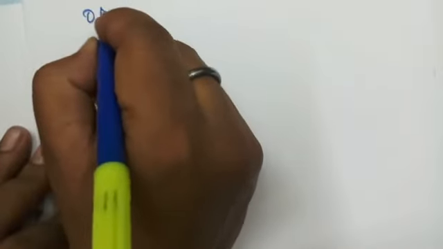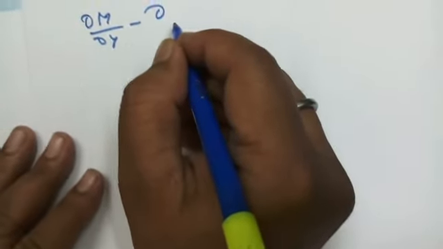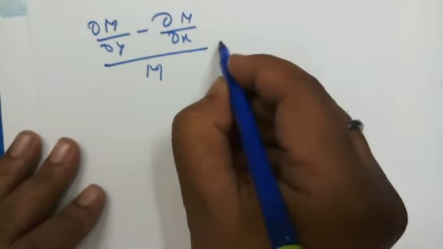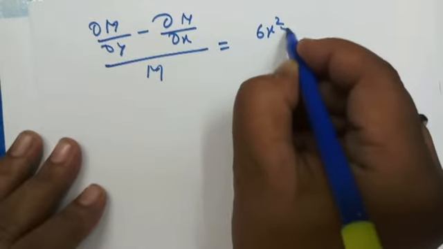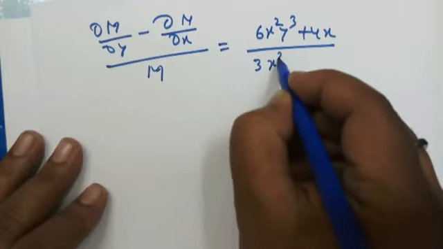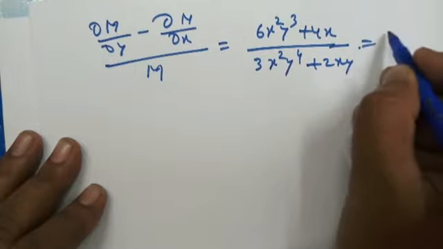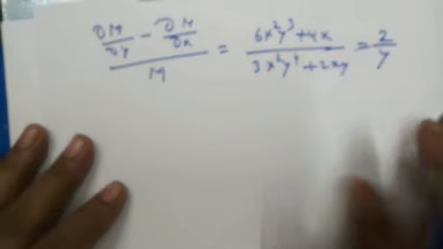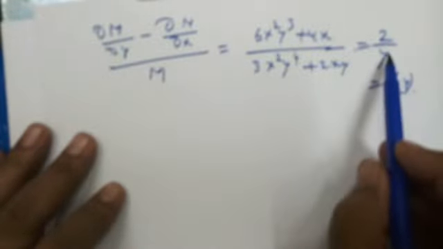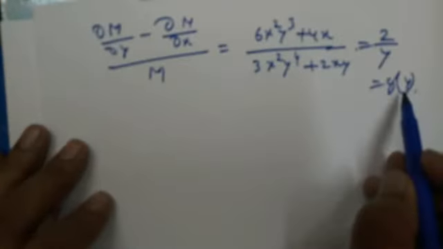So del m upon del y minus del n upon del x, divided by m, we have 6x square y cube plus 4x upon 3x square y power 4 plus 2xy, and this is 2 upon y after simplification, which is a function of y only.